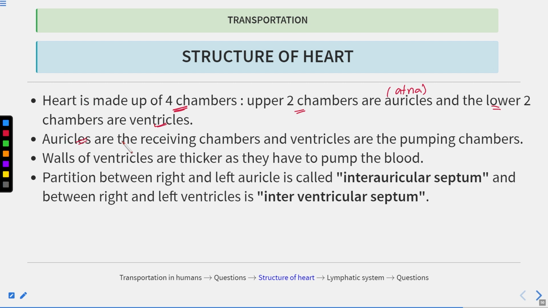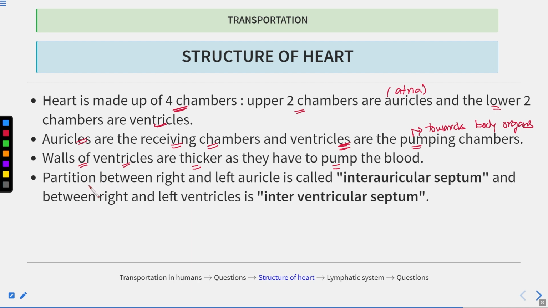The auricles or atria are the receiving chambers, so they receive the blood, and the ventricles are the pumping chambers, so they pump the blood toward the body organs. That's why they are known as the pumping chambers. Now the walls of the ventricles are thicker. Why? Because they have to pump the blood.